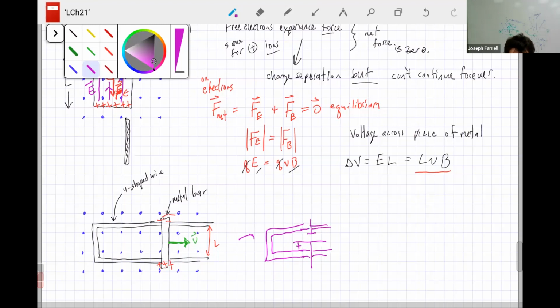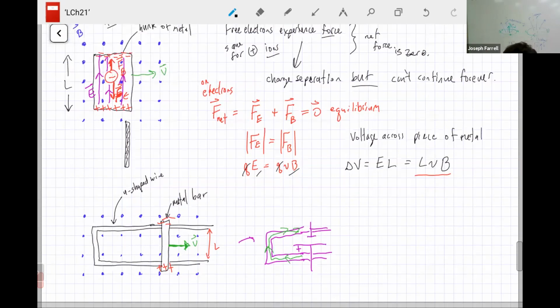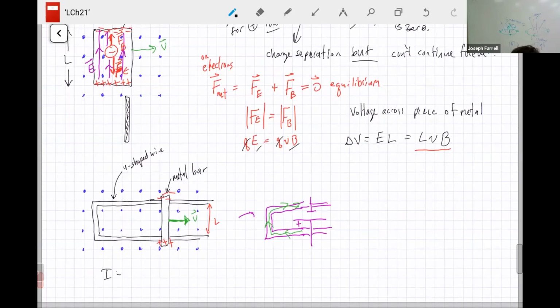So now you're pumping current around this way. And what is the current that you're getting from this? The current is the EMF divided by the resistance. There's some resistance to the wires. So you've got LVB over the resistance. That's your current. We could also think about this as a rate of change of area. As this thing is moving, it's increasing the area of the loop.